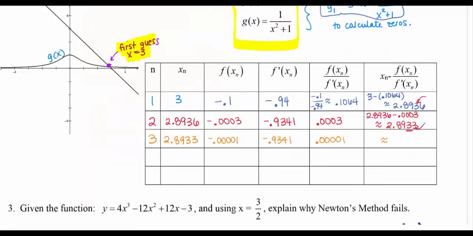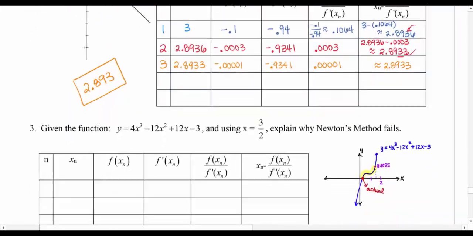And so once I fill that in for the 2.8933, I did actually have to go out to one additional decimal, otherwise this is going to look like 0. So this will become still the 2.8933. So if we were rounding to 3 decimals, I would say this intersection is at approximately 2.893.